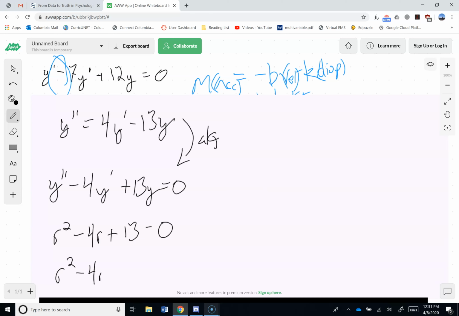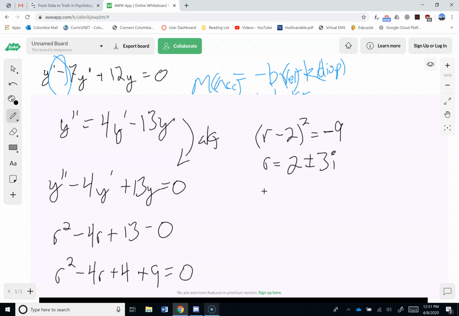That's r squared minus 4r plus 4 plus 9 equals 0. And that's (r minus 2) squared equals negative 9. And so my r is 2 plus or minus 3i.